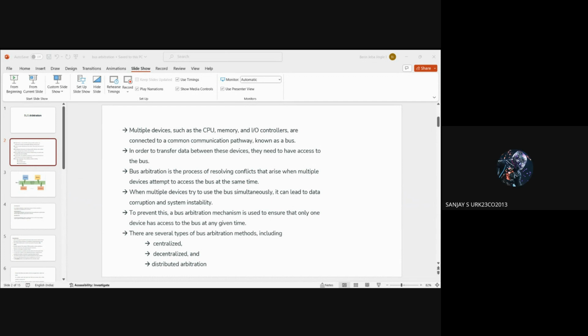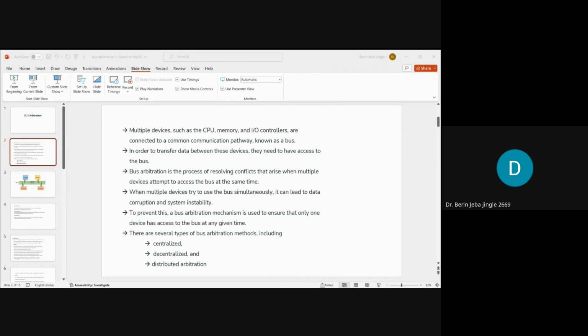Ma'am, the bus arbitration mechanism is used to ensure that only one device has access to the bus at any given time. No, not a proper answer.